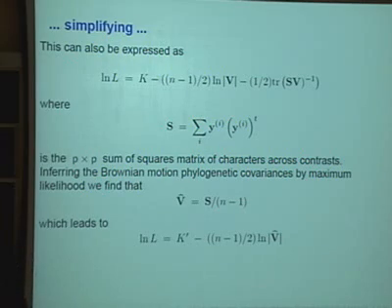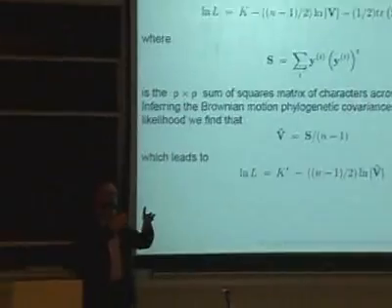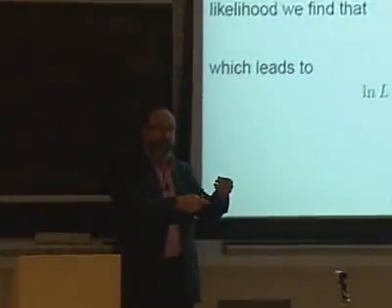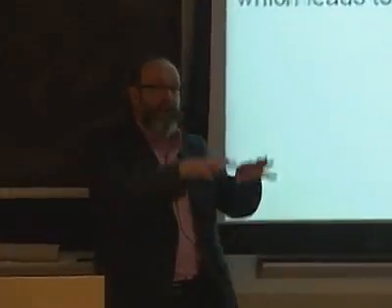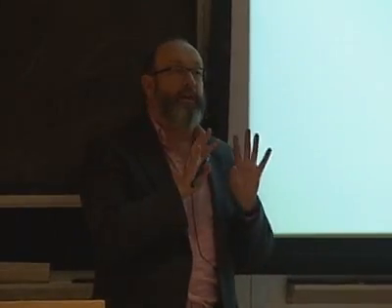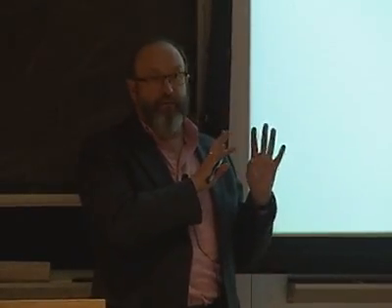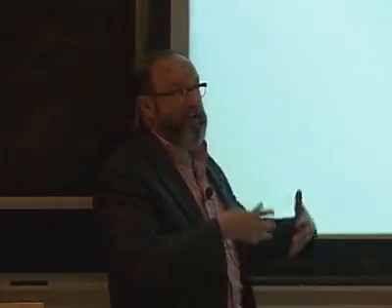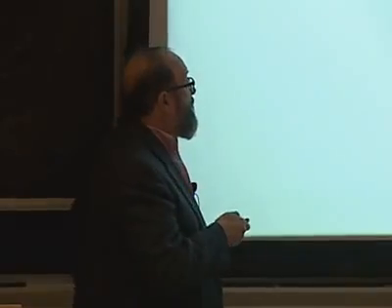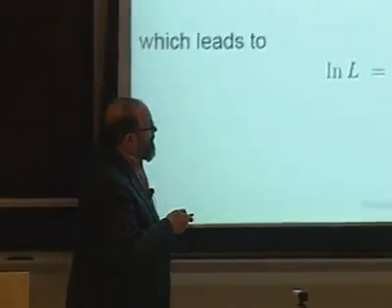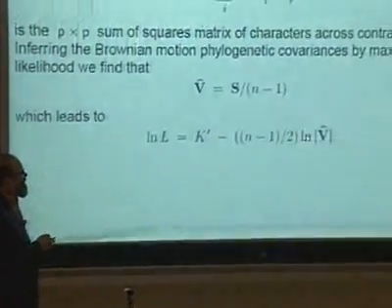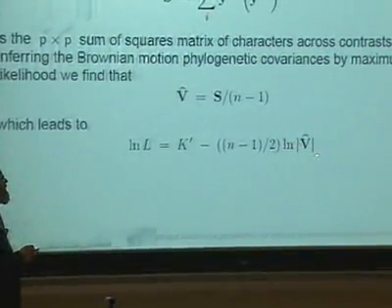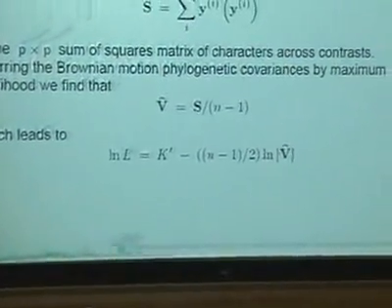For those who are into contrast methods in comparative methods, it just says hook the fossils in at some particular place, take that tree, make the contrasts, get the independent contrasts out, make your inference of the covariances, and then it will turn out that the log likelihood for that placement is negatively proportional to the log of the determinant of your estimated covariances.